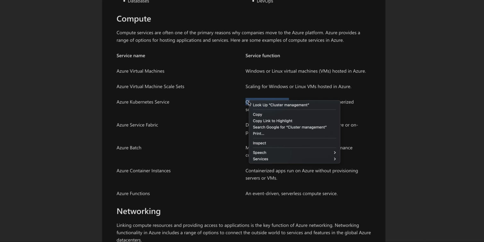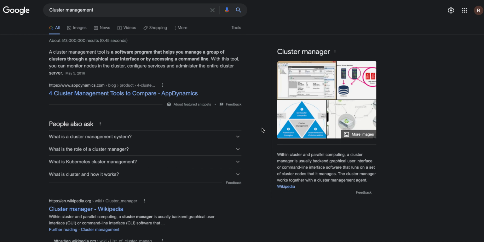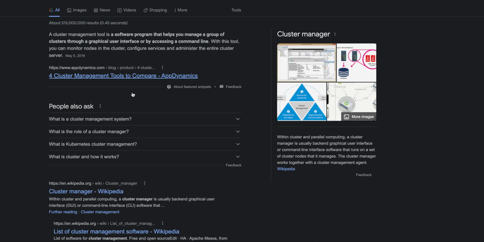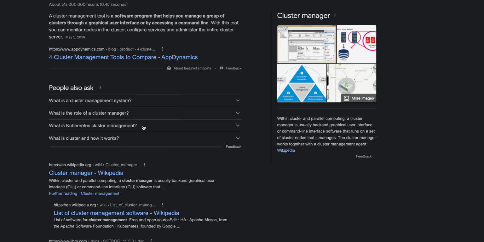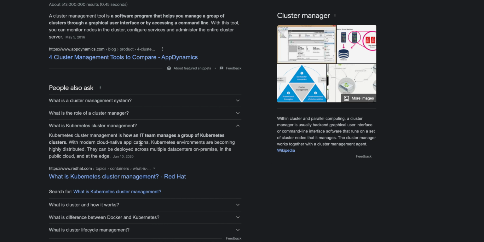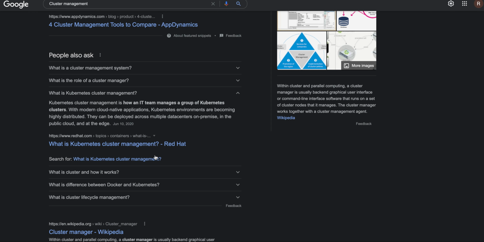Let's see if there is any specific definition. Group of Kubernetes clusters, modern cloud-native applications, Kubernetes environments are becoming highly distributed.